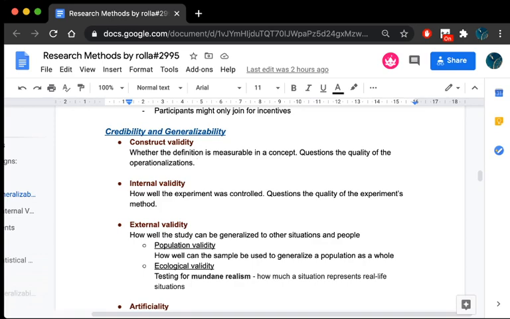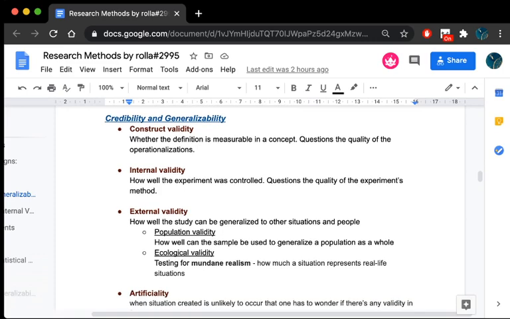Like I said before, something like measuring how delinquent a teenager is to aggression would not be a good measurement of aggression because aggression is complicated. They have bad operationalization.